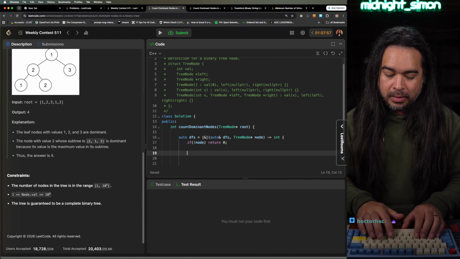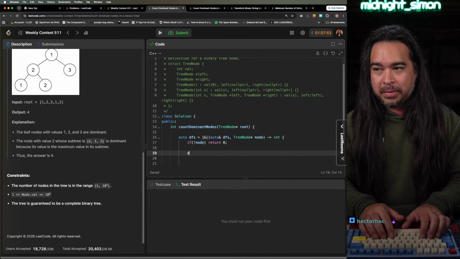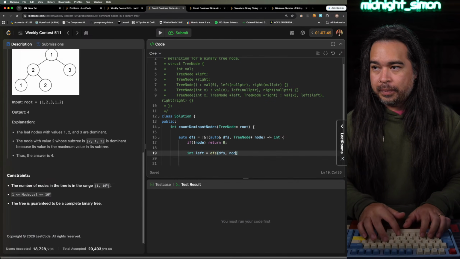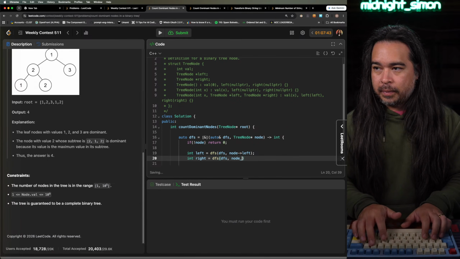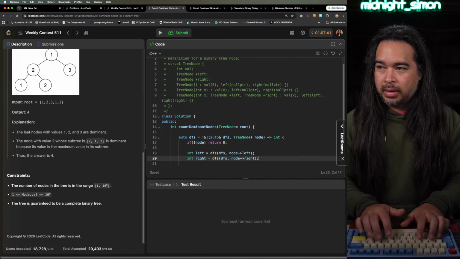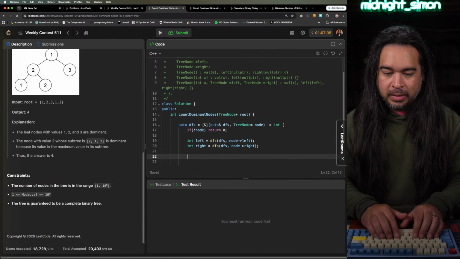And then, I guess I go left. And I go right. And these are gonna return the maximum values there. So then what do I return?